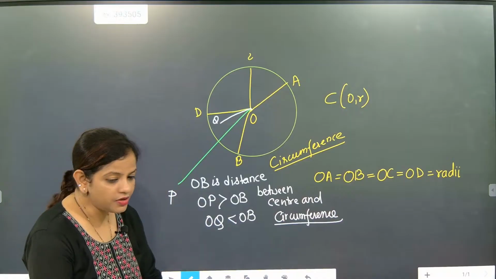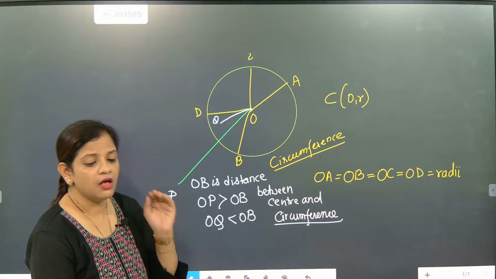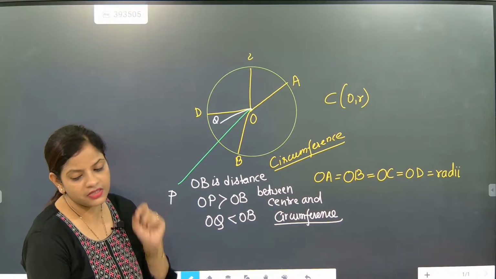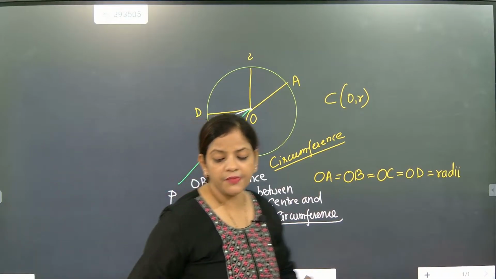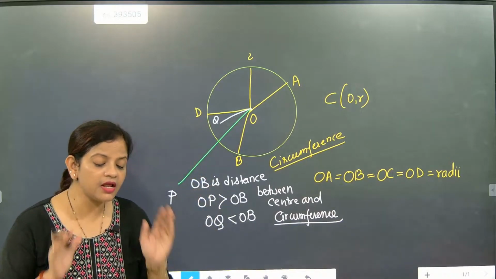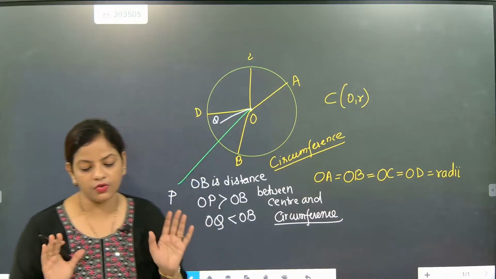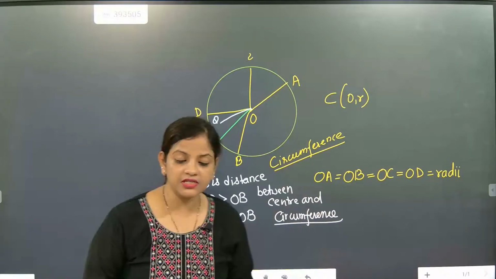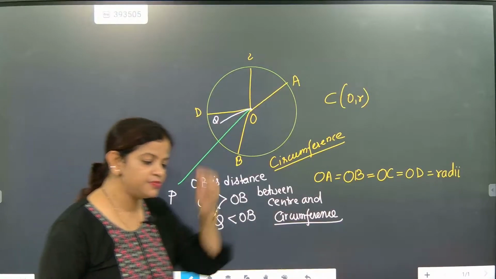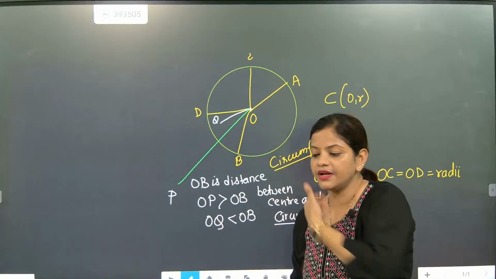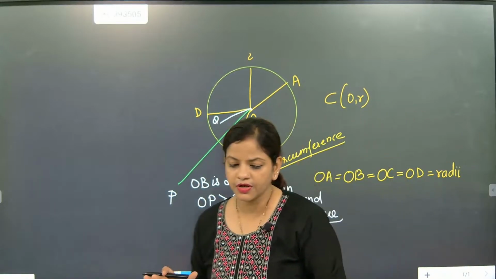So what did we learn about radius? Radius is the distance between the center and the circumference. What is radius, beta? Radius is actually the distance between the center and the circumference point. I hope everybody understood this one.